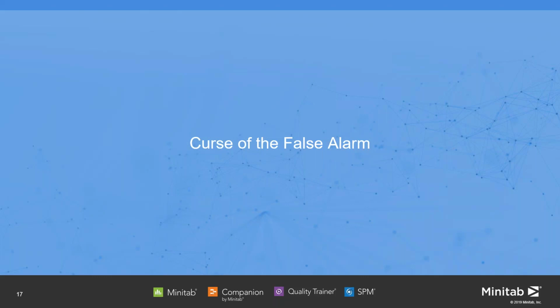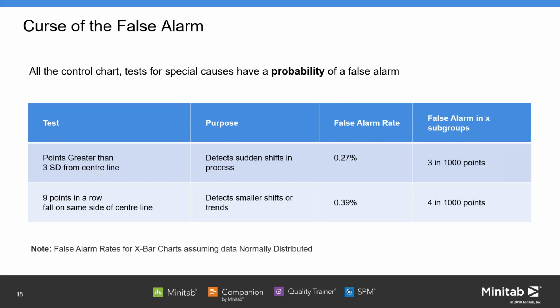This is the curse of the false alarm. When we do a control chart, we can set a number of rules or tests for special causes. You can see in my chart here, I've summarized the 2 tests that I've used in Minitab for the charts I've produced.